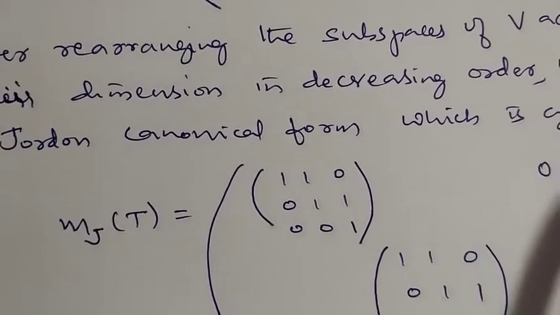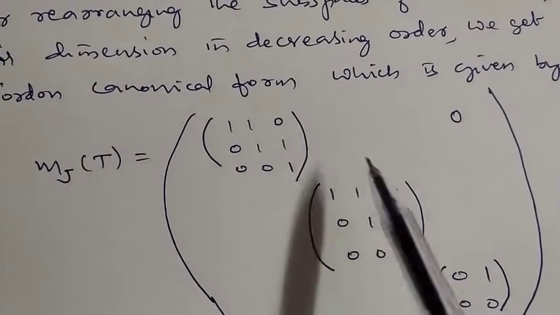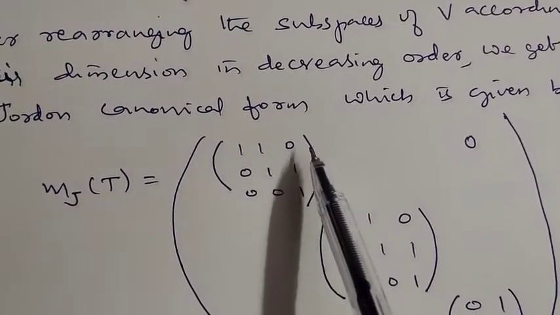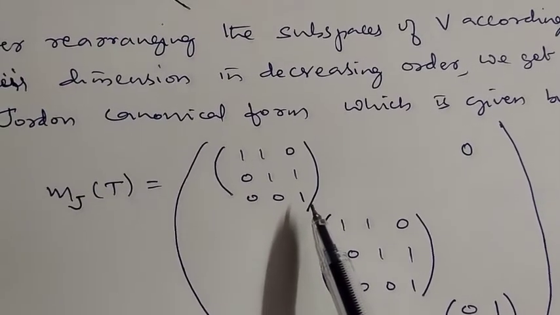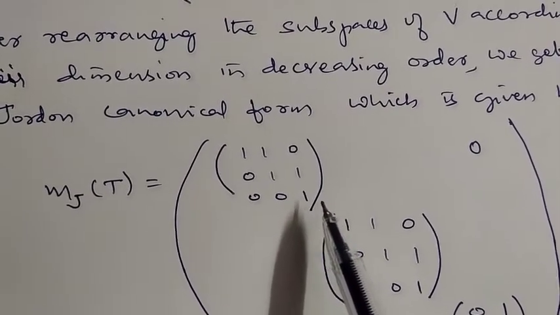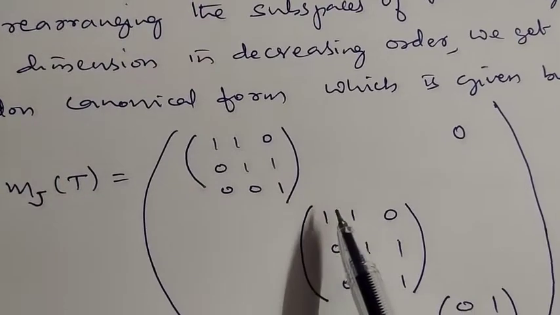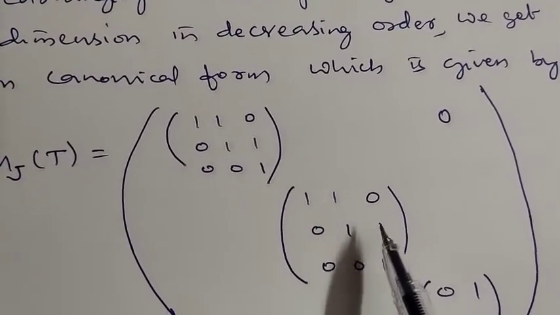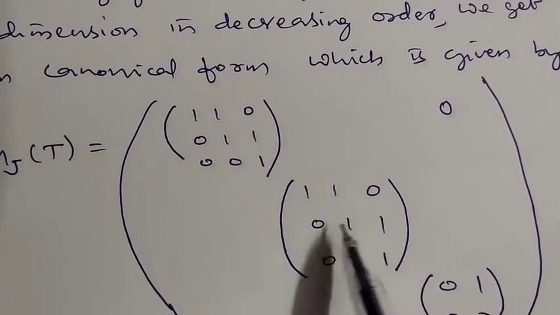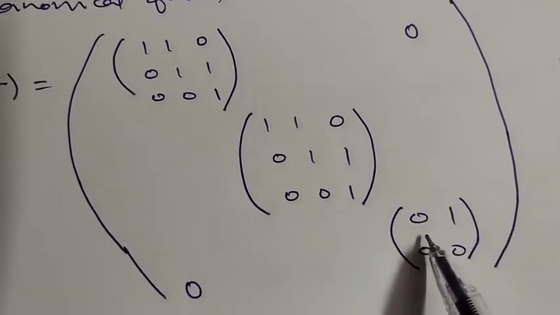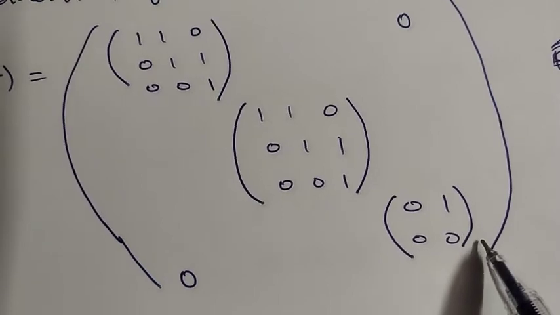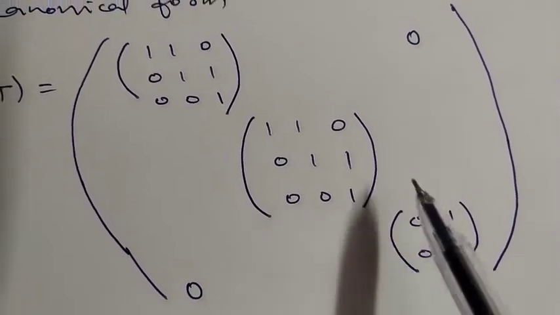You write the bigger matrix first: 1, 1, 0, 0, 1, 1, 0, 0, 1. These are the B_i's. Another is the same, and elsewhere it is 0. The third matrix is 0, 1, 0, 0.